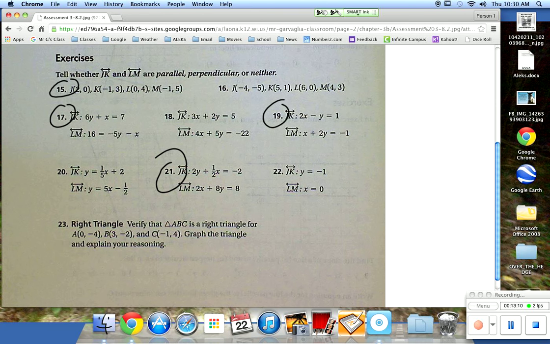Don't worry about 23. Don't have to do 23. So: 1, 2, 3, 5, 7, 9, 11, 13, 15, 17, 19, and 21. All right, go to town.